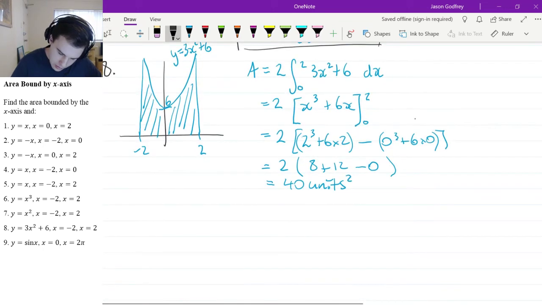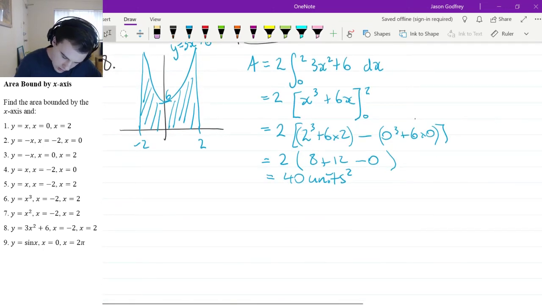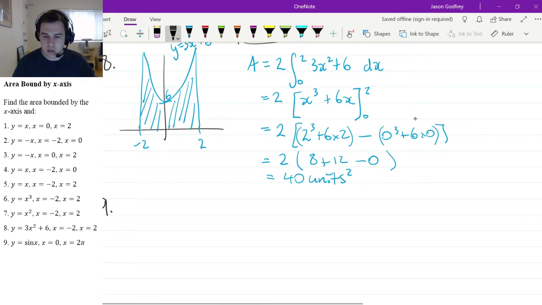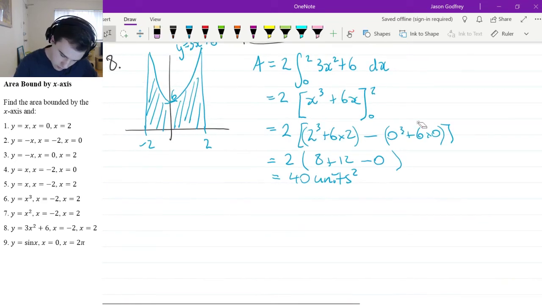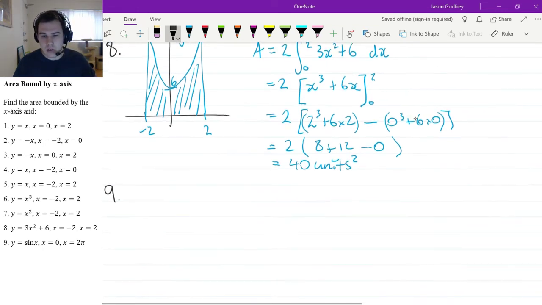Okay, so that was odd and even functions. So 9 is something a little bit different. 9: sine x from 0 to 2 pi.